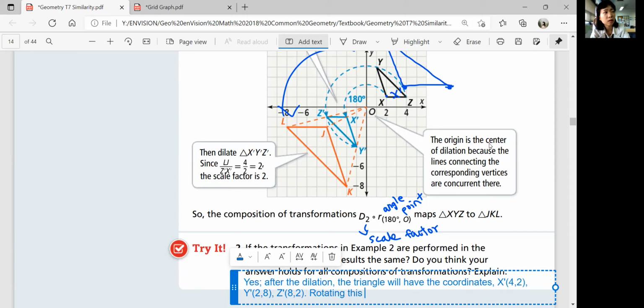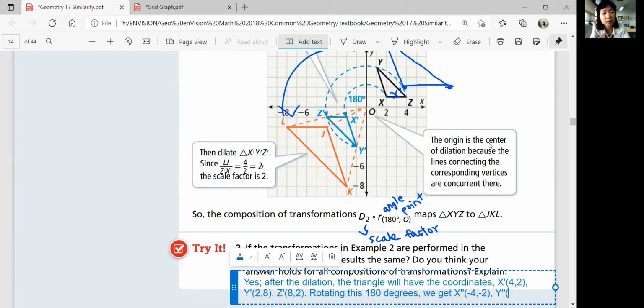Rotating this 180 degrees, we get X double prime to be (-4, -2), because when you're rotating 180 degrees, all positives become negatives, negatives become positives.